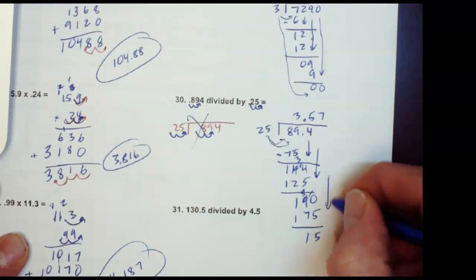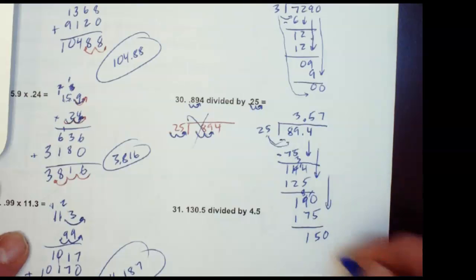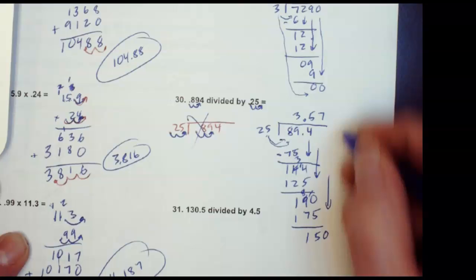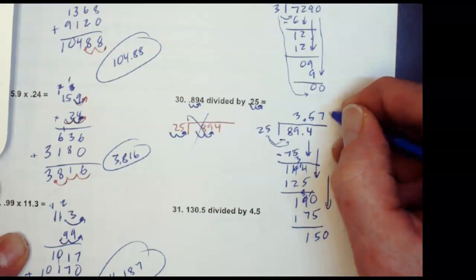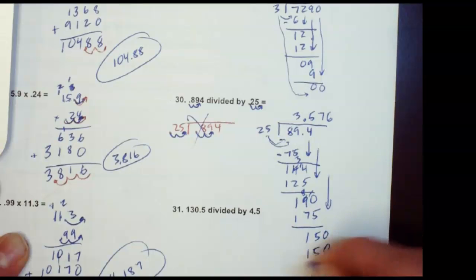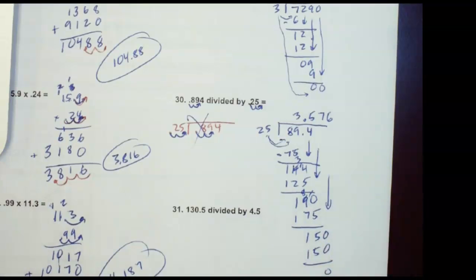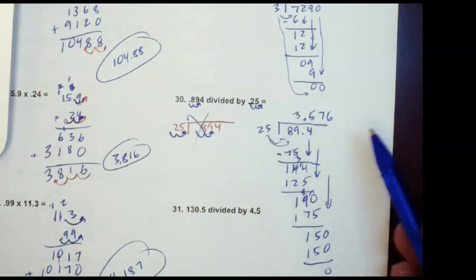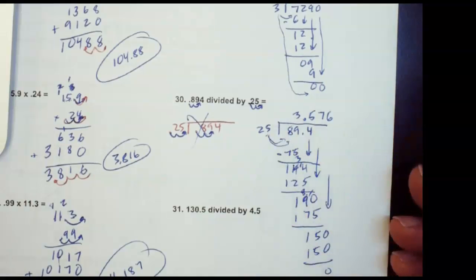Now we're getting somewhere. I'm going to bring down one more 0. And how many quarters will go into 150? Well, 6 quarters is $1.50, so 6 times 25 will be 150, and we can zero that out. Now remember, I can go back and check this by taking 25 times 3.576, and that would work too.